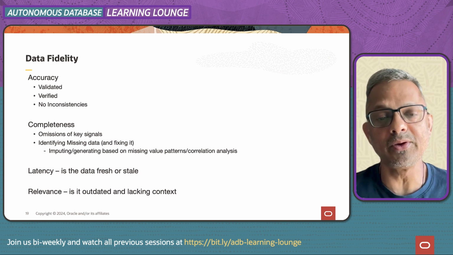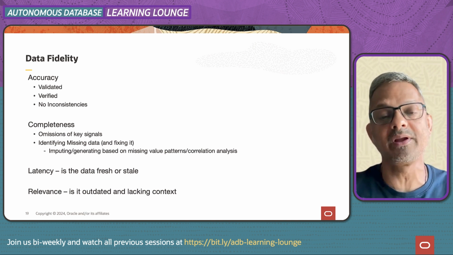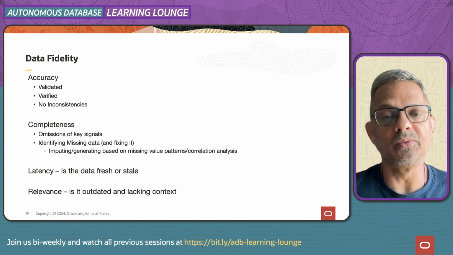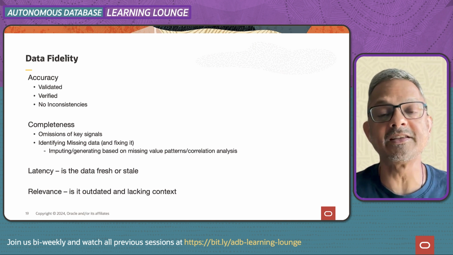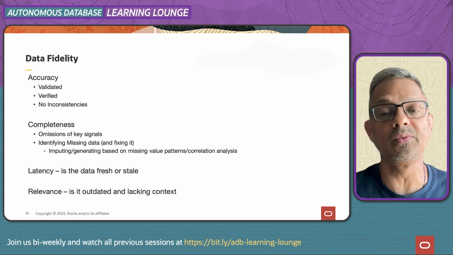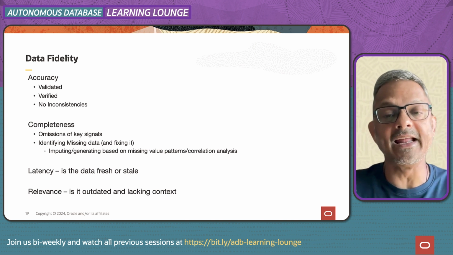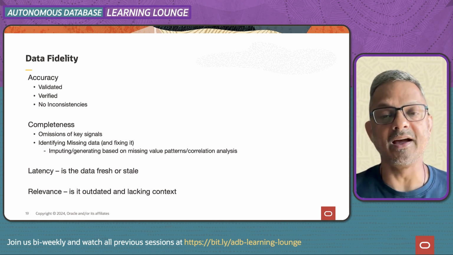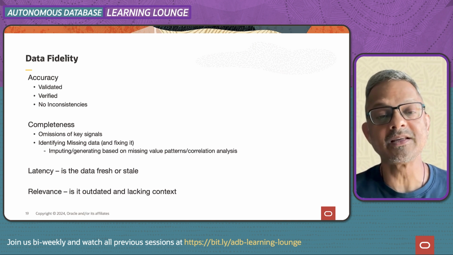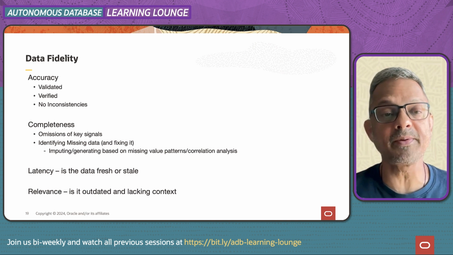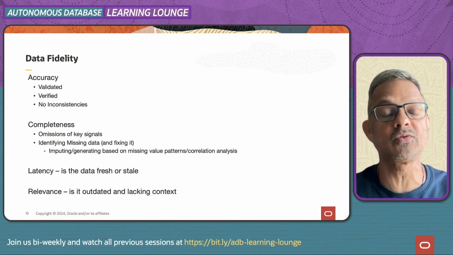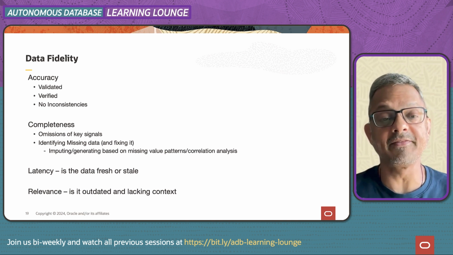Do you impute? Do you generate data? Do you use profiling to find data patterns, and then fill the data based on those value patterns? These are very complex topics. It's not in the scope of this discussion, but I just want to point out that completeness is one key aspect of data fidelity.